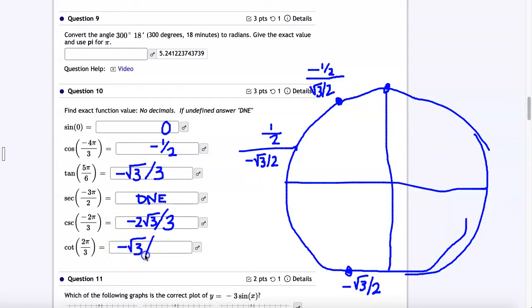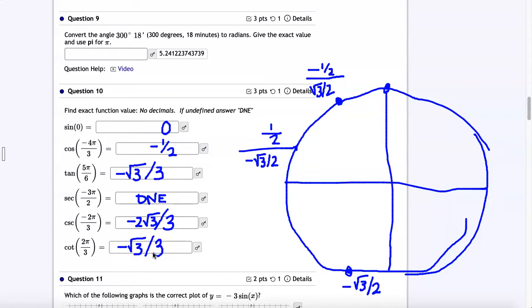So this part of the test can either be something very fast or very slow, and it will just depend on how much you became acquainted with the unit circle, how comfortable you are. If you are not super comfortable with the unit circle, then you need to get super comfortable, as I told you before. Go back to that lecture that I posted on the unit circle if that would help.